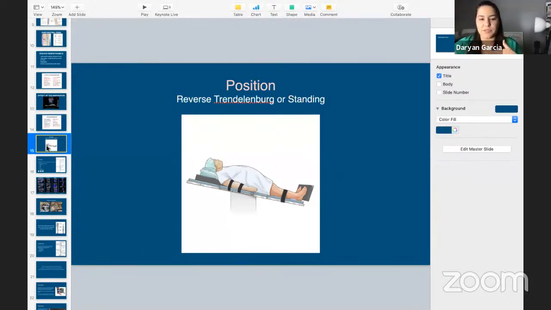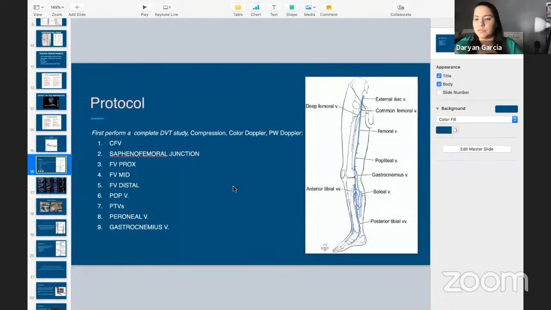After you decide which position your facility prefers, you're going to go ahead and start the protocol. You're going to start with your usual DVT protocol. This will vary from facility to facility, so make sure that you're aware of what images you're supposed to take. You're going to start at the common femoral right up here.